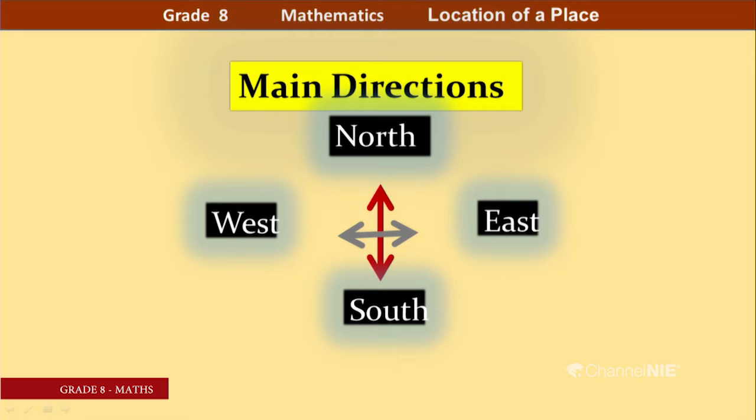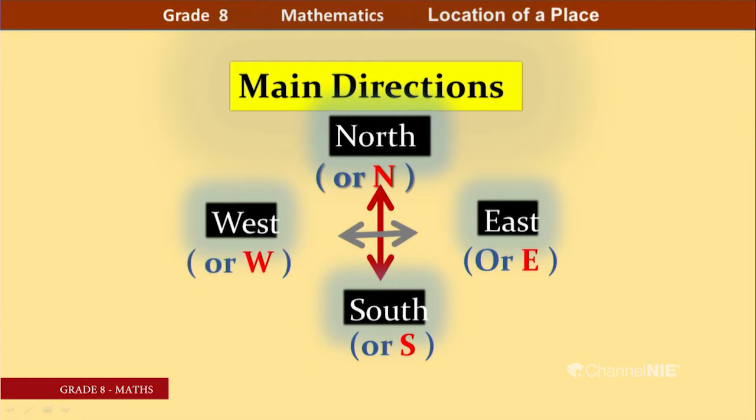When we denote north, east, south, west, we can use capital letters: for north, the first letter, N; for east, the first letter, capital E; for south, the first letter, capital S; and to denote west we can use capital letter W. Okay. So, these are the main 4 directions.